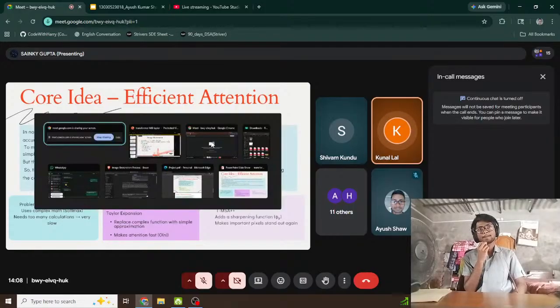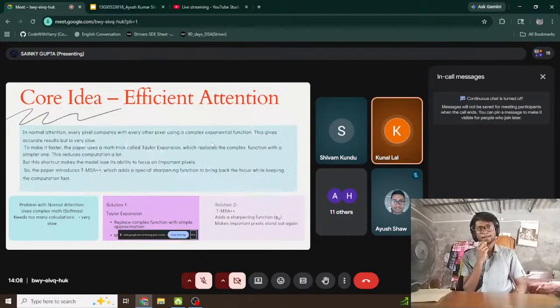Now I would like to recap what I have been talking about. The problem with normal attention was that it uses complex math which needs too many calculations, which was very slow.